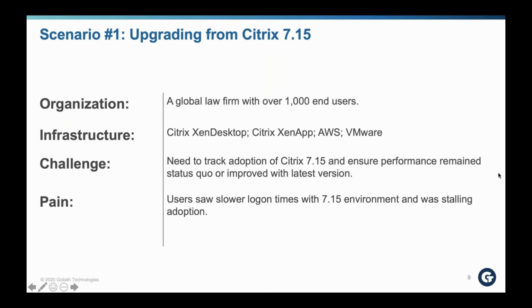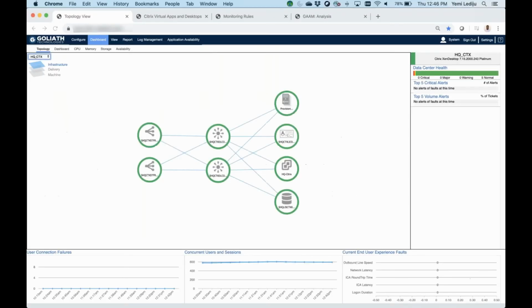So, I know we talk a lot about embedded intelligence and automation, and that typically starts as soon as you deploy our technology. Right now what we're looking at is the automatic discovery and dependency map for Citrix. This is typically segmented out based on the different Citrix sites you have, different farms, and so forth.